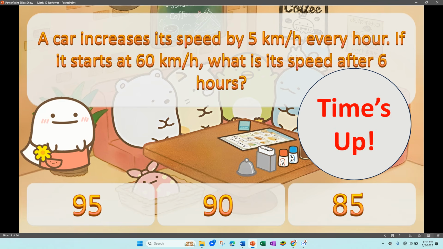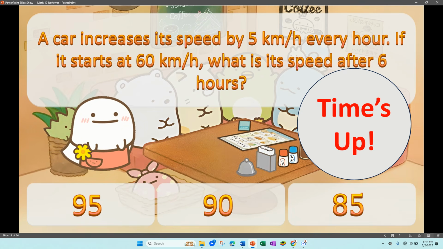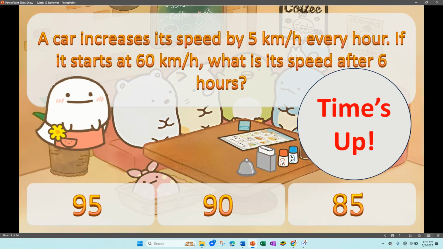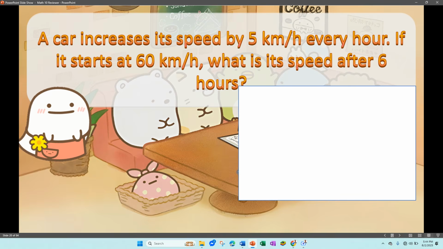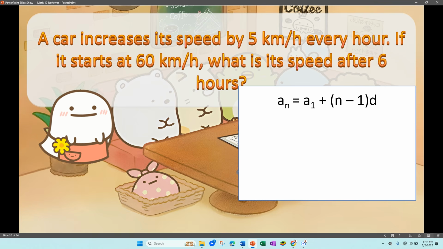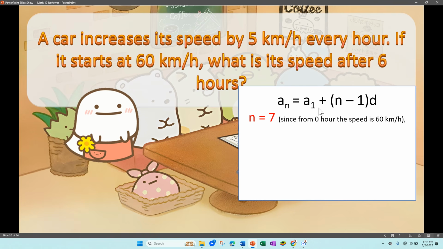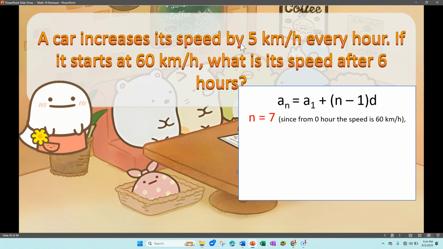Time is up. So this is all about arithmetic sequence pa rin. So this is one of the applications. Gagamitin natin yung formula for arithmetic sequence where n is 7 since from 0 hour the speed is 60 kilometers per hour.